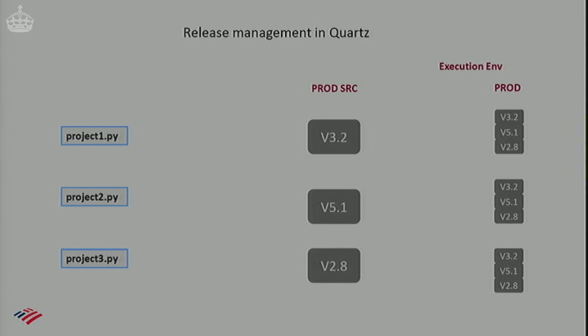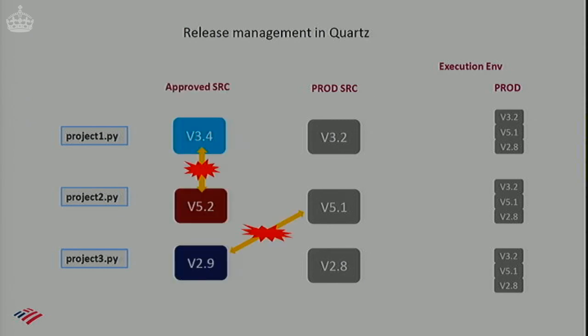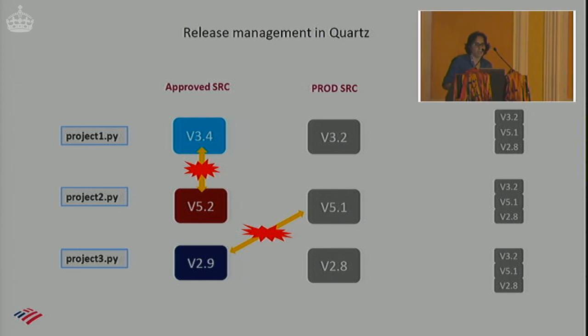And now we have this situation where we want to release some changes, and the change in project 1 can't be released together with the change in project 2 because there's some problem between them. They're not compatible. The change in project 3 depends on the change in project 2, so it has to wait for that to be released.